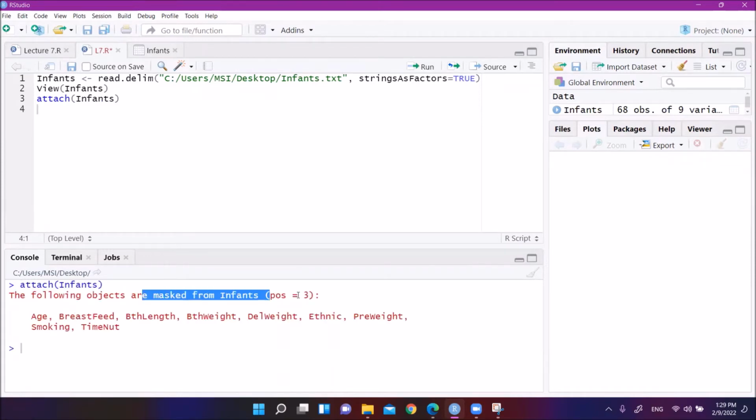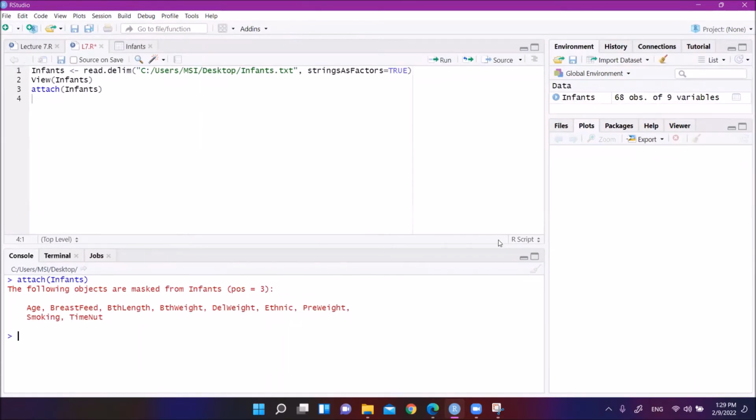See, it is masked from infants because it was attached initially, right? So you won't be getting this if you're doing this initially. You're going to attach this, right?